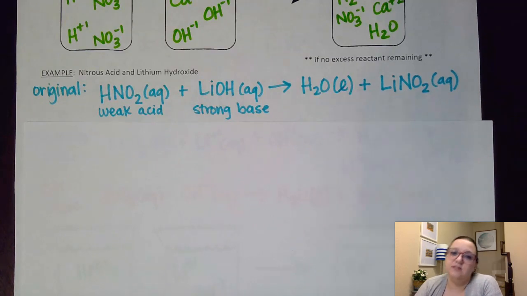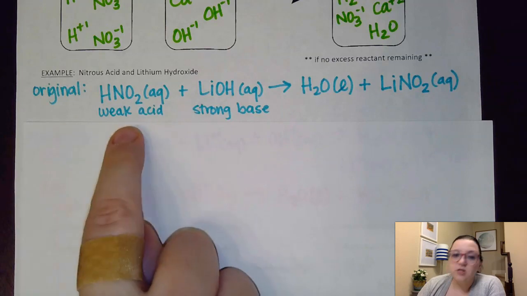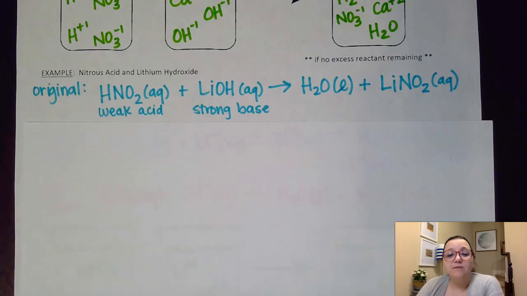Now here's the difference on this one. HNO2 is a weak acid. And if you think back to what we did with solutions, weak acids only partially break into ions. Most of it actually stays together.